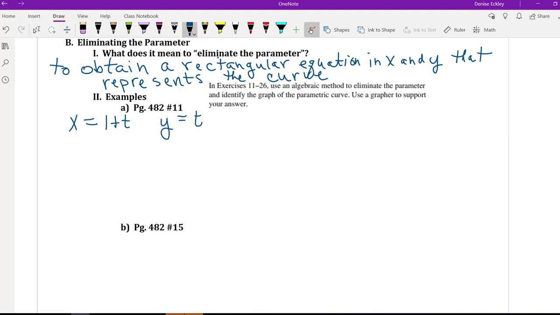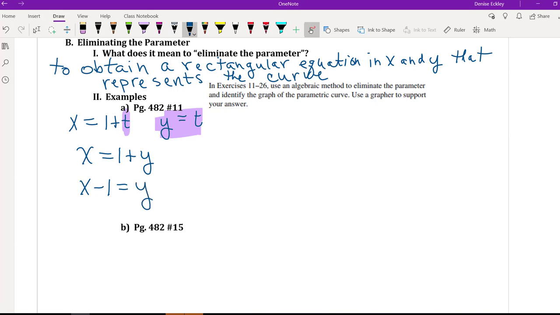Now, ones like this are pretty straightforward. Since y is already solved for t, I'm going to go ahead and substitute that t here and then solve for y. So I'm going to put in x equals 1 plus y, replacing t with y, and then solving for y, you get x minus 1 equals y.